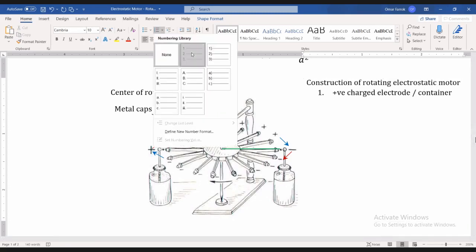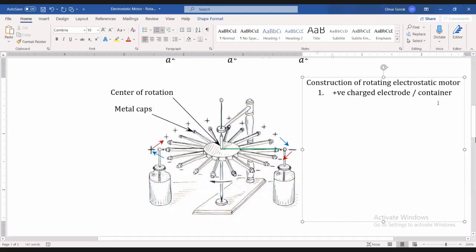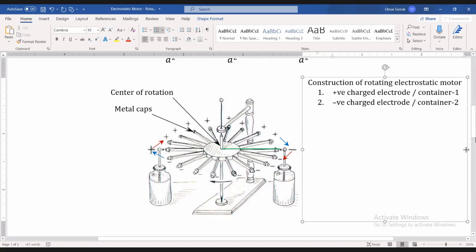So there are two different electrodes. One is positively charged, another is negatively charged. So the negatively charged electrode needs another container. You can say this is container 1 and container 2.